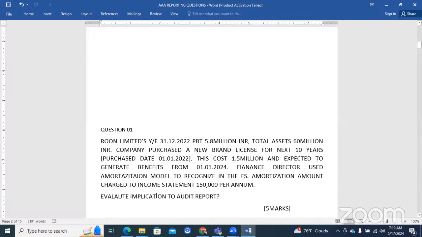They ask: evaluate the implication to audit. Evaluate the implication to audit. Then we can discuss. Try out this question. Now you know the format and answer structure. Just take this as an example and try to develop your answer.